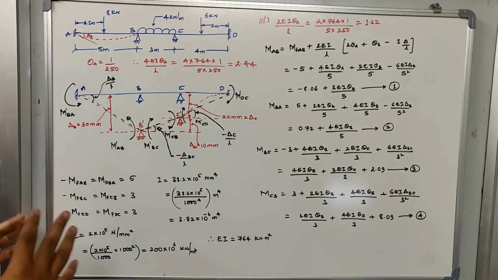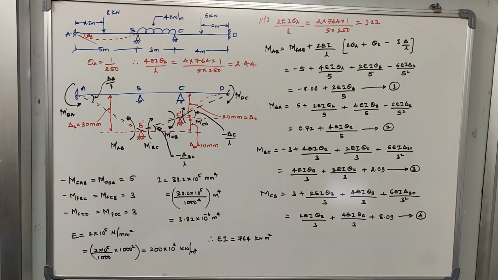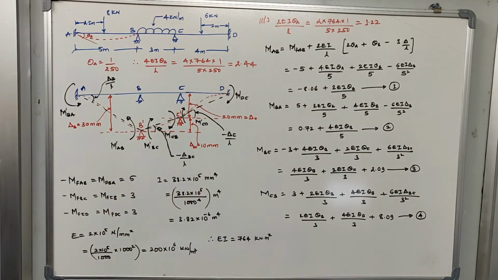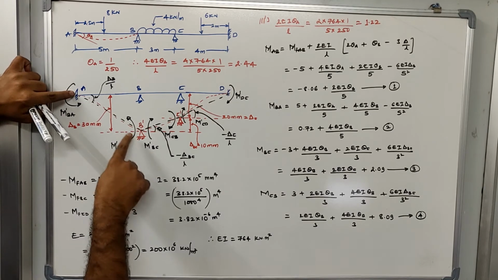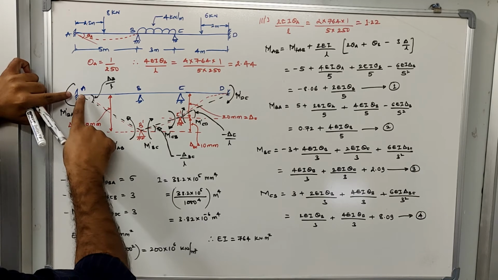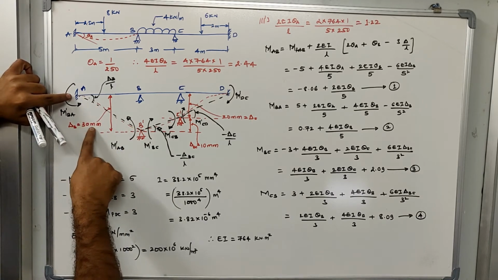Now once we understood whether the delta should be positive or negative, we identified how to recognize the positive delta by L values and negative delta by L values, which I have explained earlier also. Now next is to understand which delta to be substituted. With respect to near end, which is A, and the far end, which is B dash, it is sinking by a depth of 30 mm.